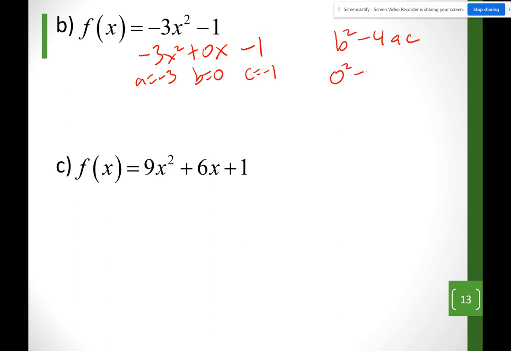So I have 0 squared minus 4 times negative 3 times negative 1. So 0 minus, because these two negatives make a positive, 4 times 3 times 1 is 12. 0 minus 12 is negative 12. My discriminant is negative. So I have no x-intercepts.